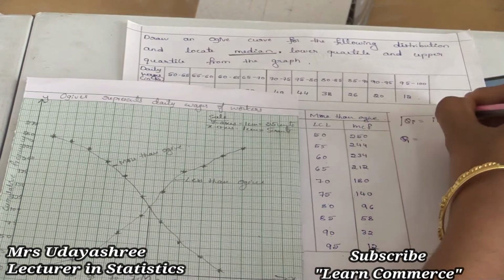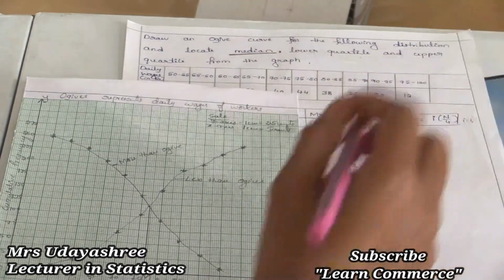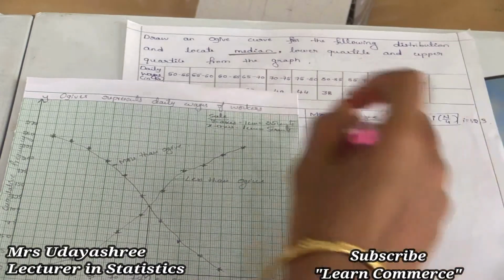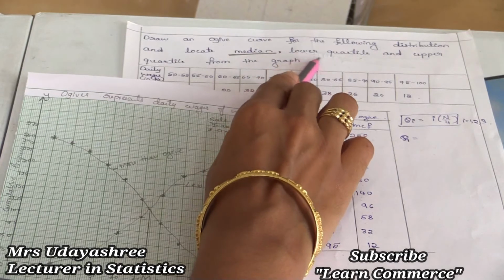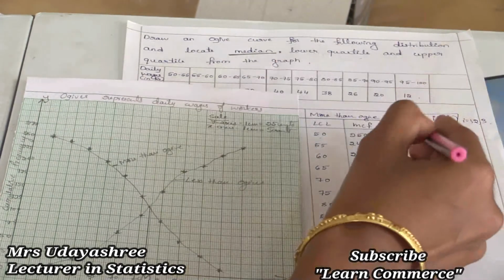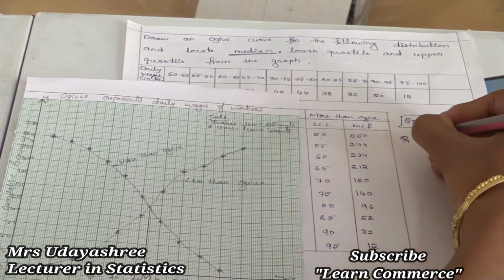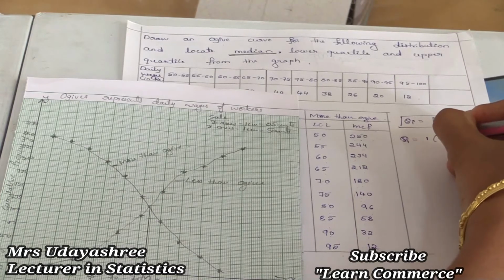Here i takes the value 1, 2, 3. So see here median we already found. Next we need to find lower quartile. So in the place of i we need to substitute 1. So 1 into n divided by 4.